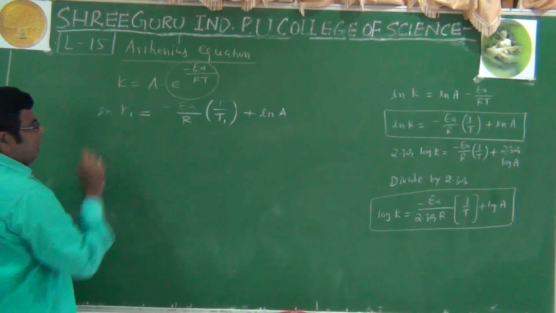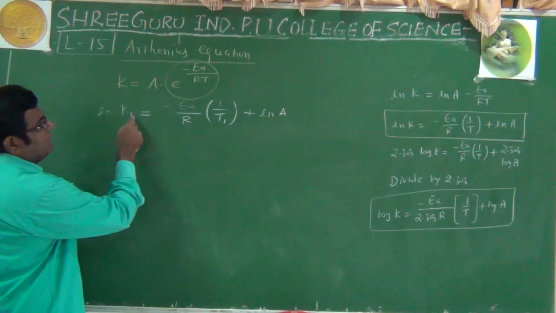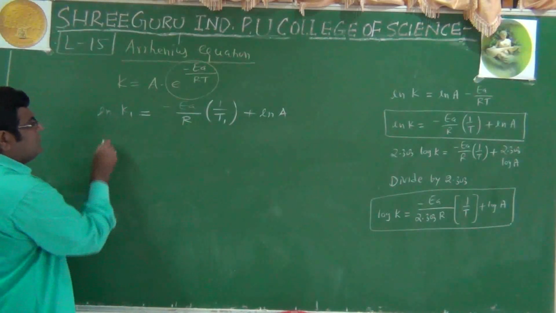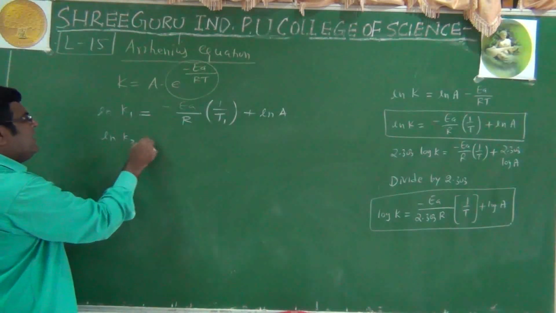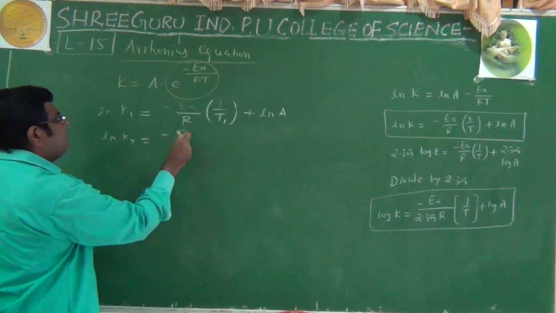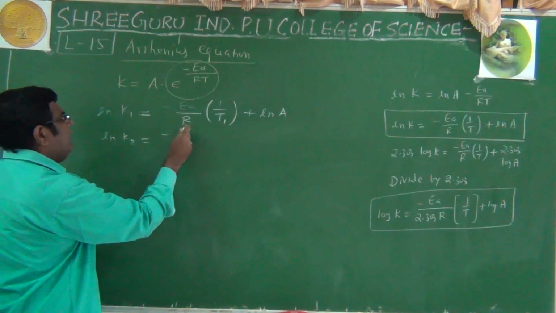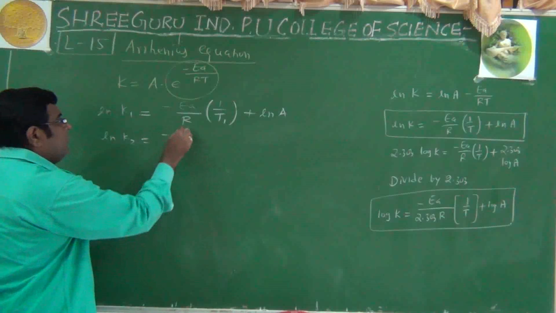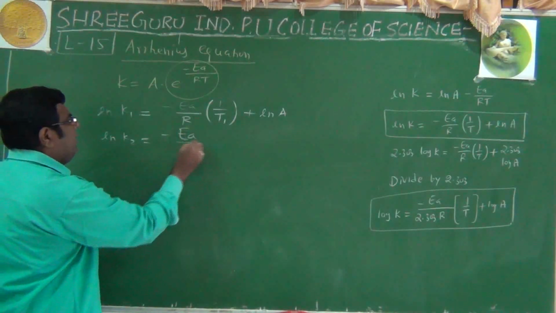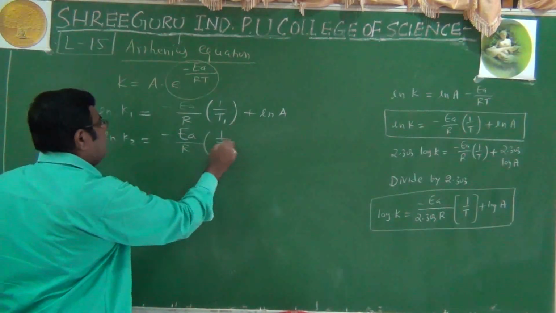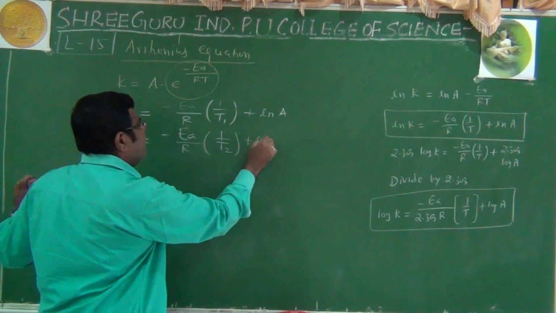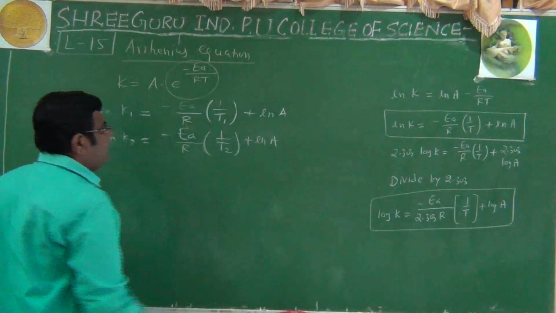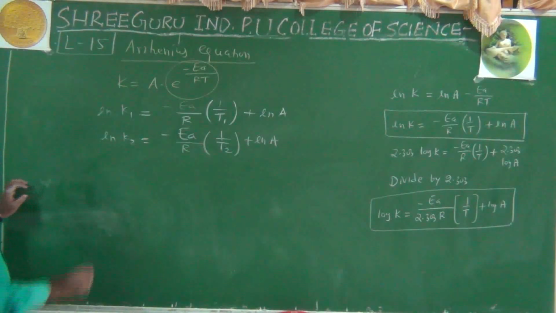Only variables are temperature and the rate constant. Then we can write this as natural log of k2 equals negative Ea by R times 1 by T2 plus natural log of A.